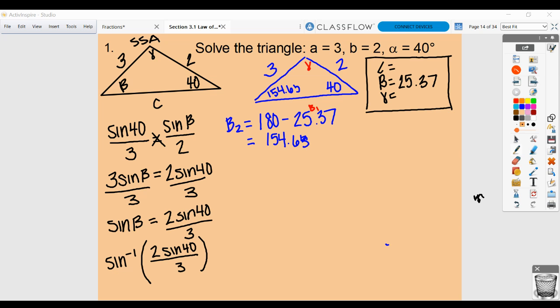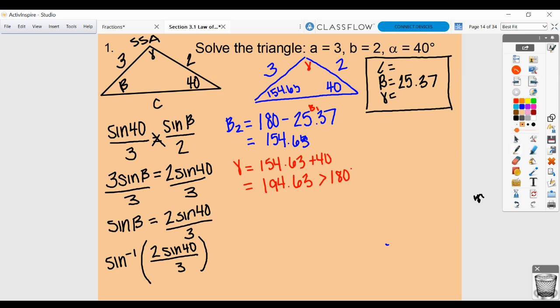So if I go and try and find gamma, and I look, 154.63 plus 40 is 194.63. That is over 180.